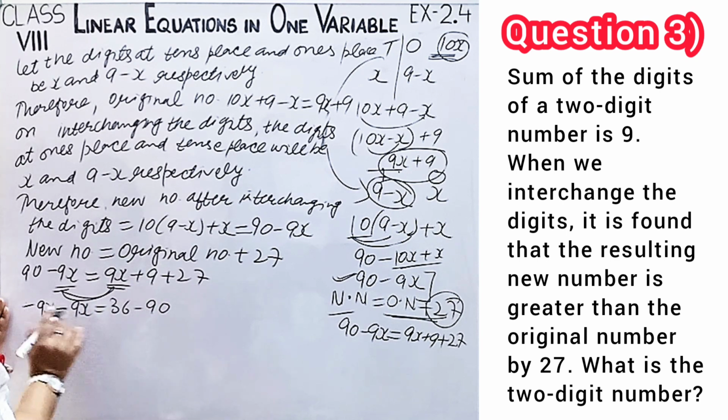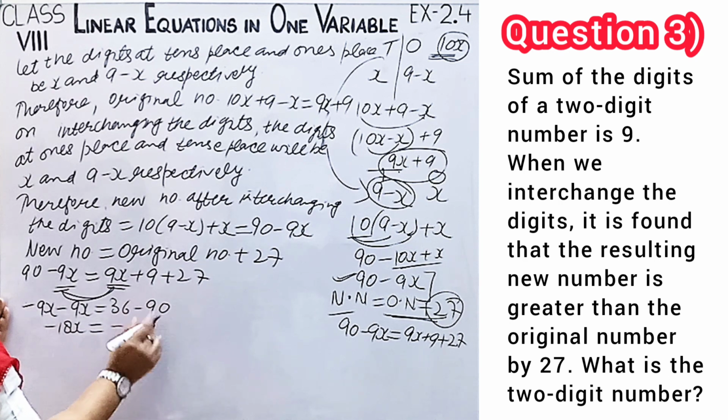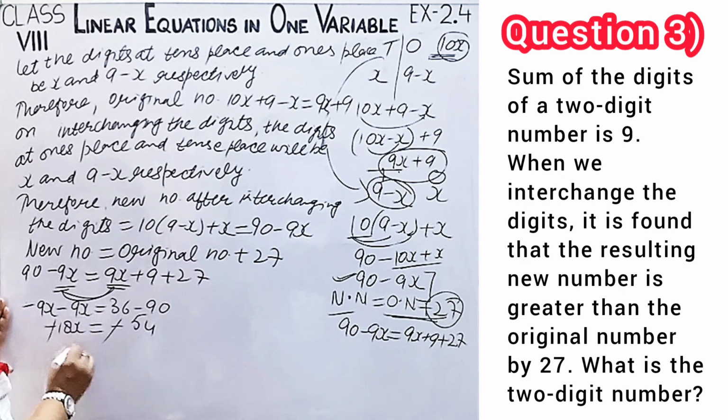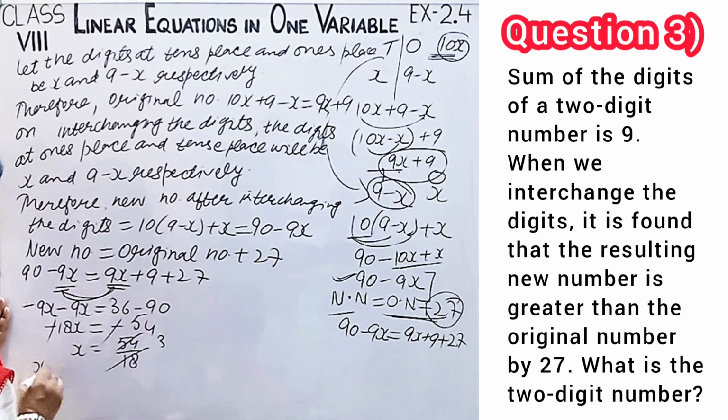So minus 18x is equal to minus 54. So cancel out, x is equal to 54 upon 18, and after cancelling we get 3. It means x is equal to 3.